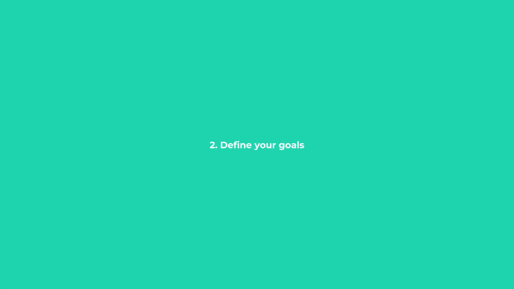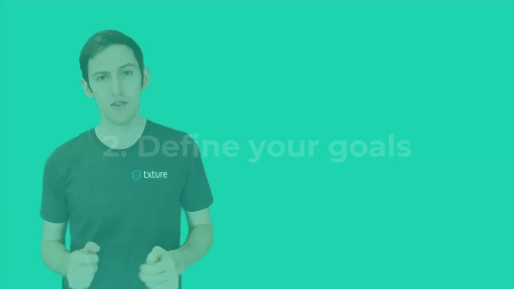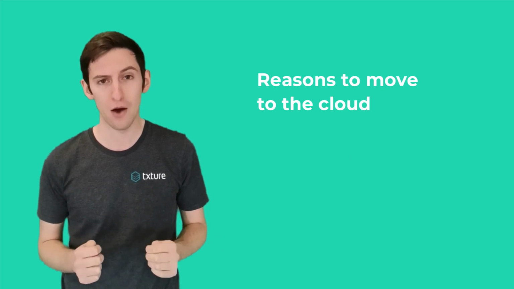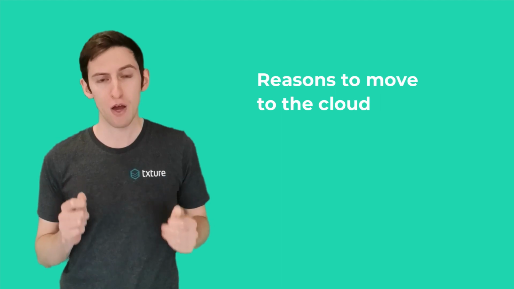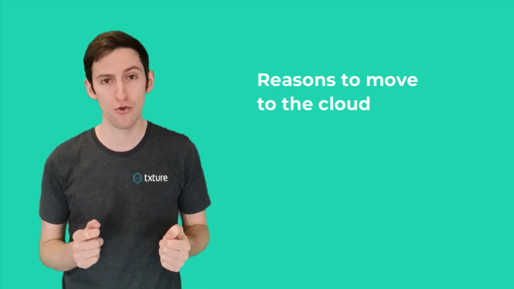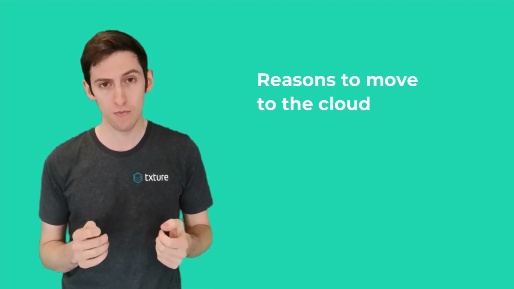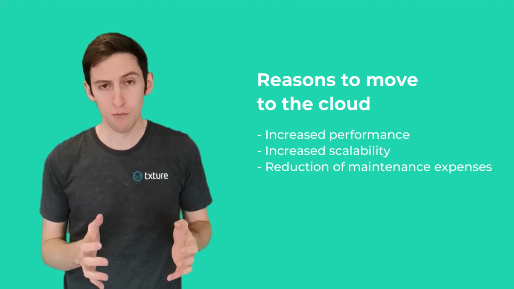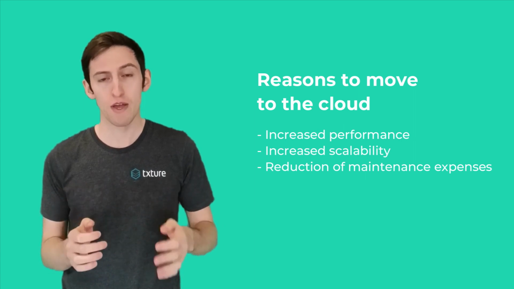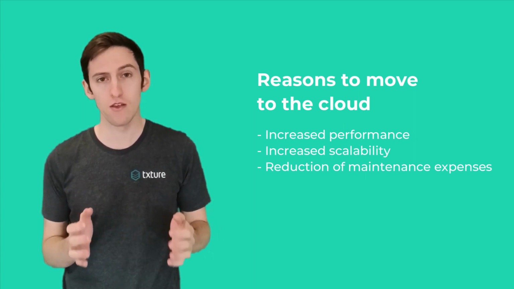Let's now talk about step 2, define your goals. There are many reasons to move to the cloud. So before defining a migration strategy, you should clarify what you want to achieve through cloud migration. What benefits do you expect? It can be, for instance, increased performance, more scalability, or a reduction of maintenance expenses associated with data centers.